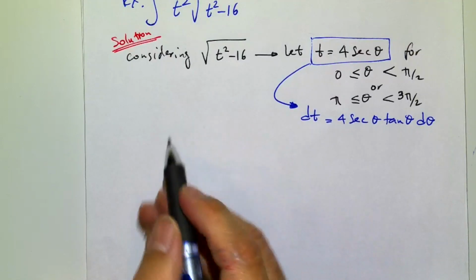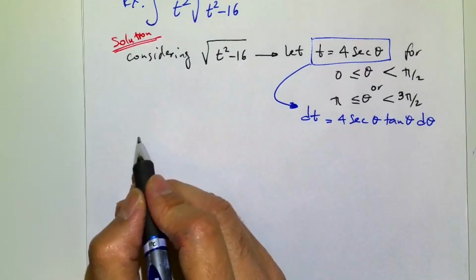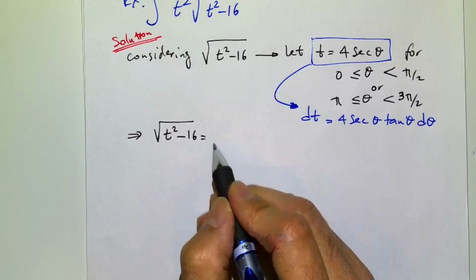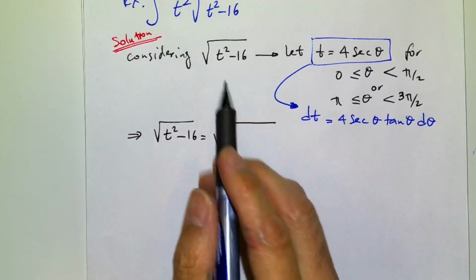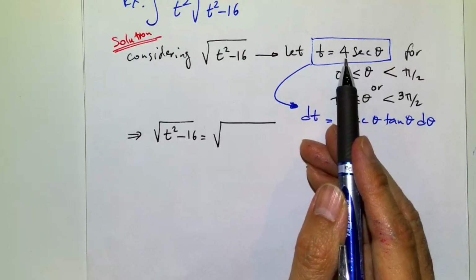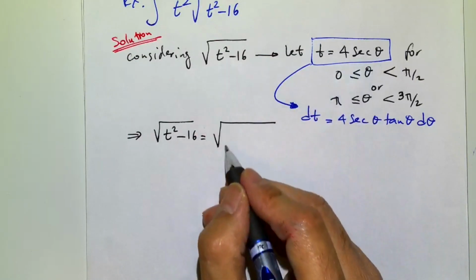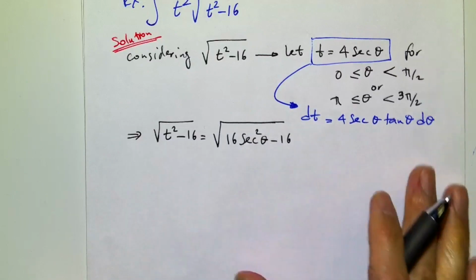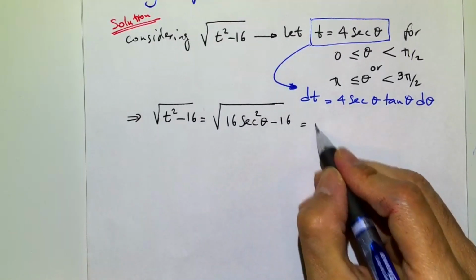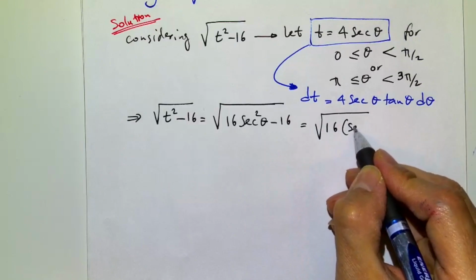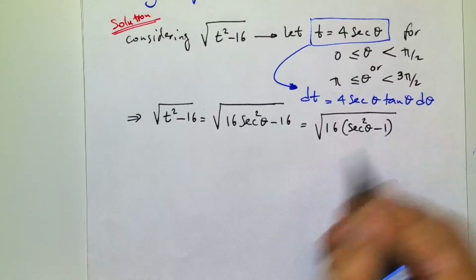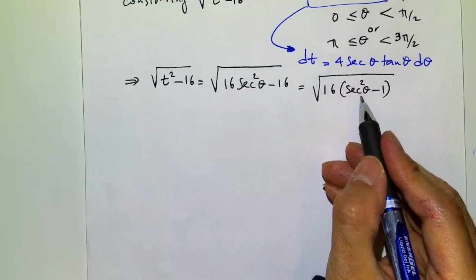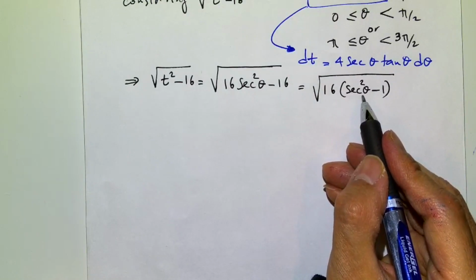So therefore, let's rewrite this. We have the square root of t squared minus 16. We can replace t, so it would be 16 secant squared theta minus 16. Factor this out: we get 16 times secant squared theta minus 1. We know this from squared identities; this is tangent squared theta.